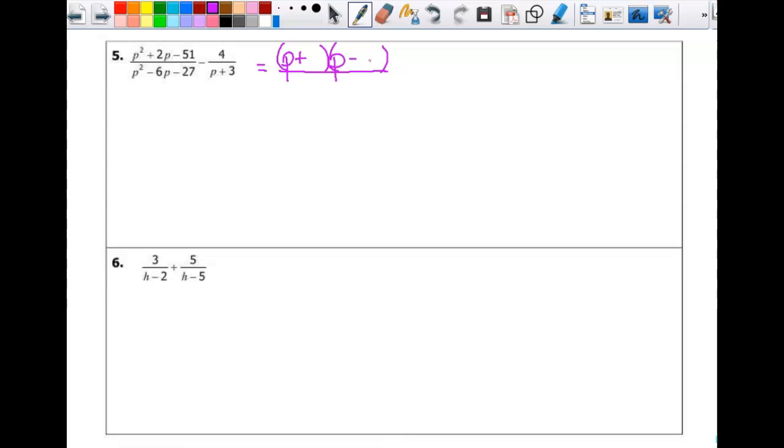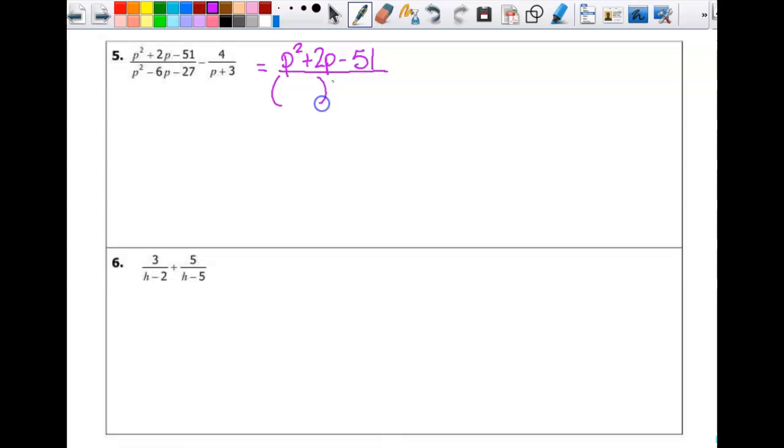So what are your factors of 51 besides 1 and 51? 3 and 17. Okay, and those are both prime numbers, so those are the only other factors. Do 3 and 17 subtract to give you 2? No. So can you factor the numerator? Nope. All right, so we can't factor the numerator. I'm just going to rewrite the numerator as p squared plus 2p minus 51.